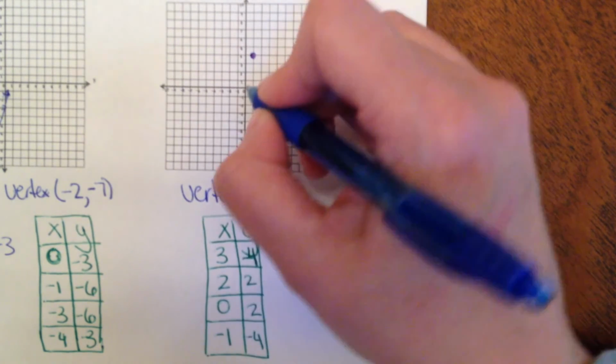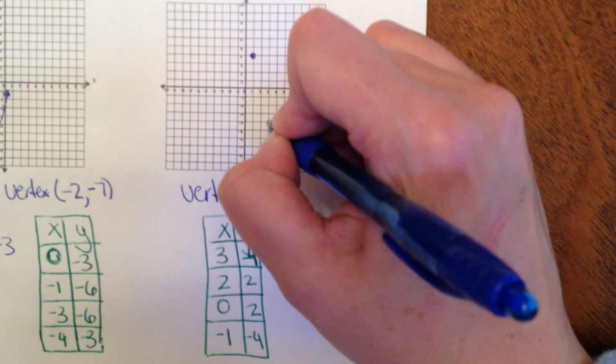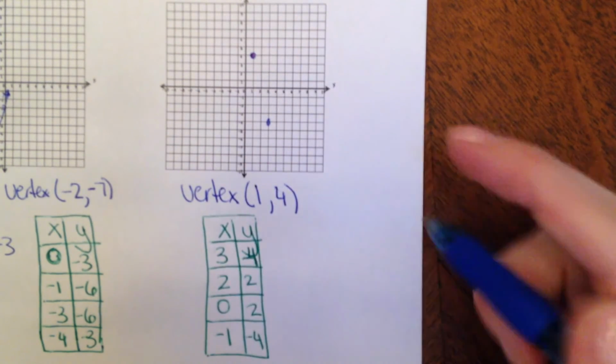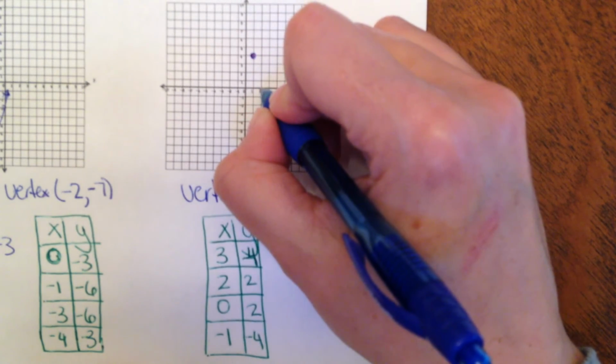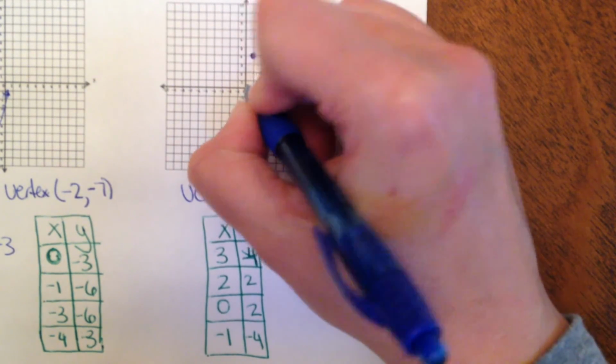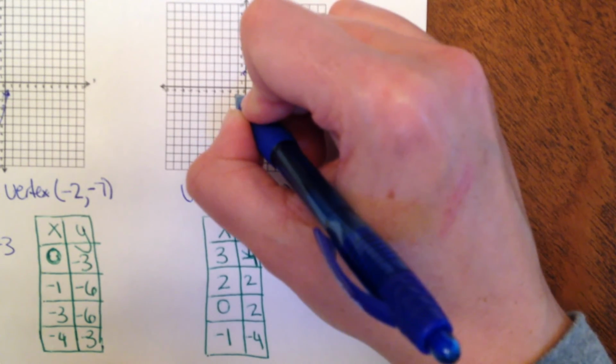It's hard to see my negative there. When x is 2, y is 2. When x is 0, y is 2. And when x is -1, y is -4.